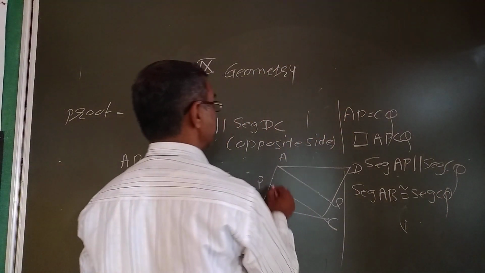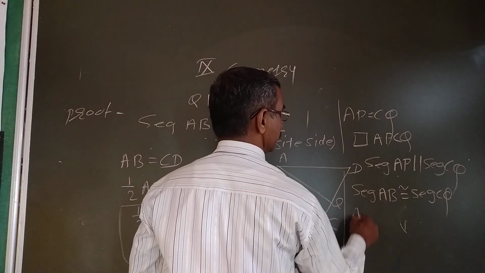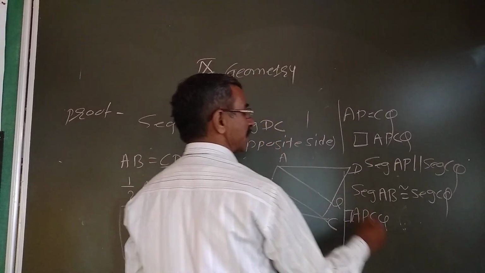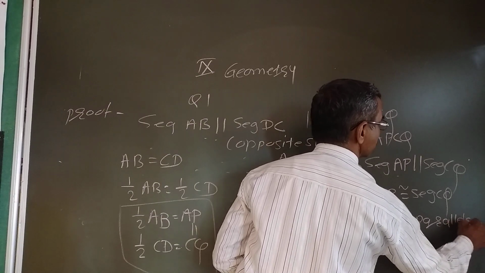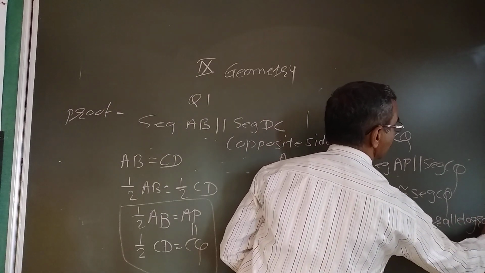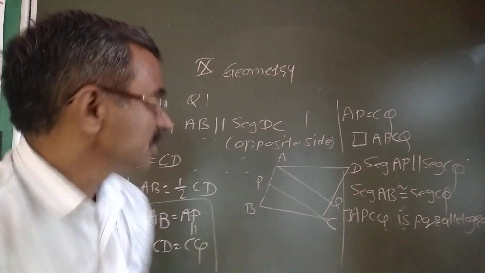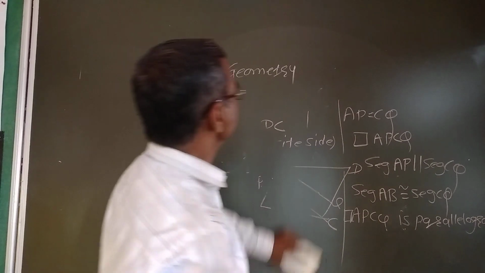Therefore, the quadrilateral APCQ is a parallelogram according to the definition of a parallelogram. Opposite sides are parallel as well as congruent. So, we proved this.